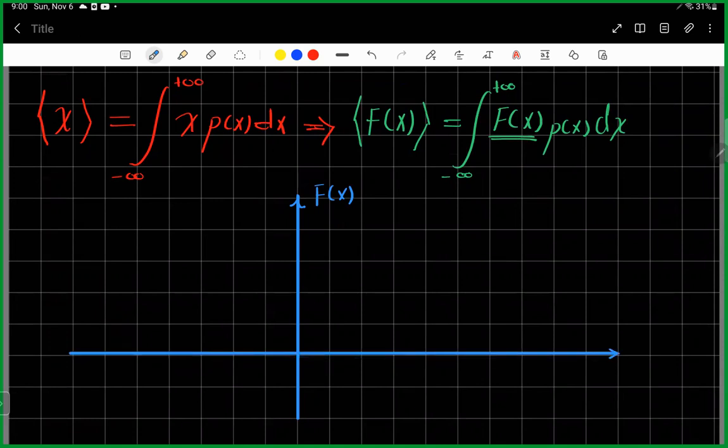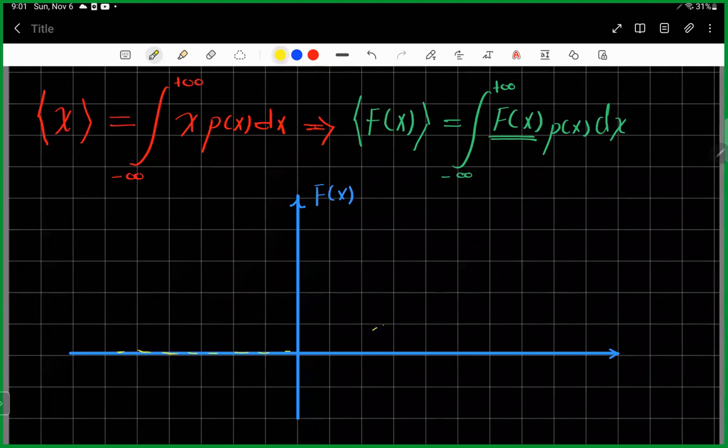I'm interested in considering the following and asking what is the probability of the function f. And then I want to relate the probability of the function f to the probability density of the random variable on which f depends. That's more or less what I want to do. And then I will do a little example.